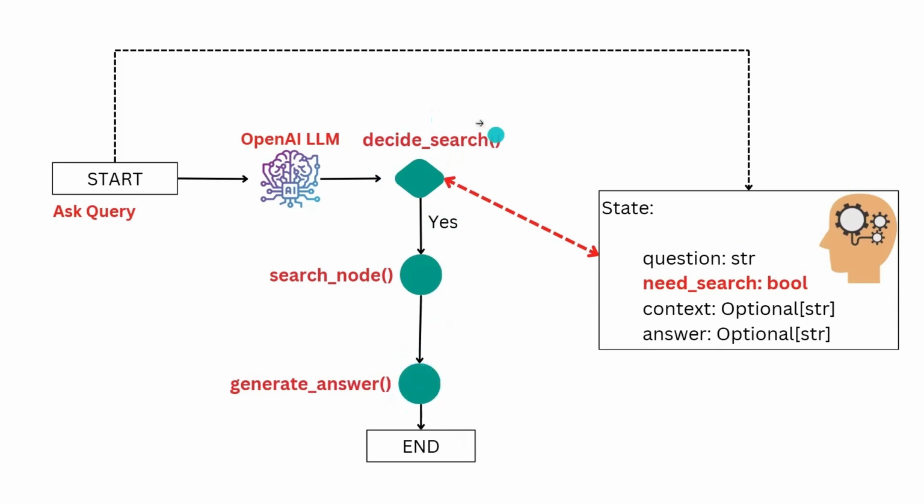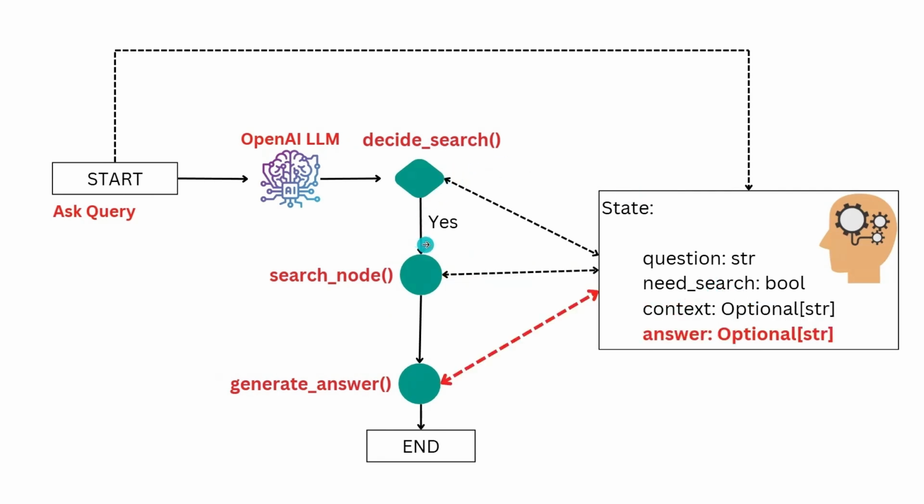If the decide_search function plans to call the search_node function, it will update the shared state need_search field value to yes. Now, the search function will call external systems to get the response and update the shared state context field with the value here.